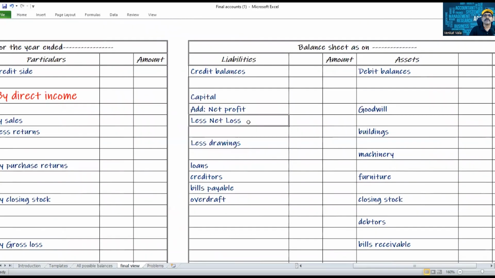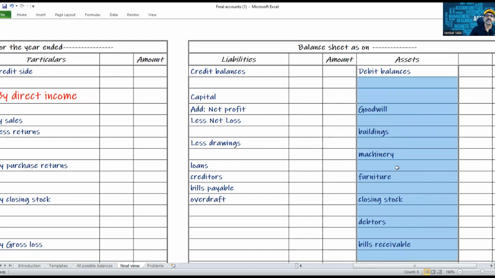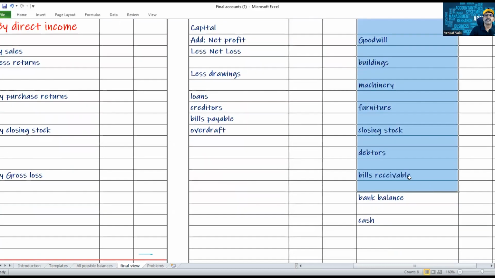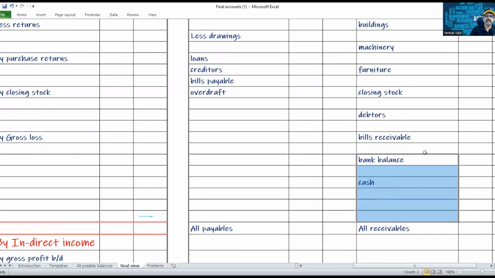And finally, coming to the balance sheet, on the liability side we'll have all payable amounts, like loans taken from others, creditors, bills payable, overdraft, and so on. On the asset side, we'll have different properties which are in our possession, like building, machinery, furniture, and various receivable amounts from debtors, bills receivable, and cash in hand and cash at bank are also considered assets.